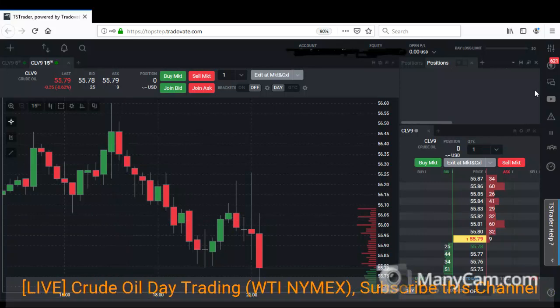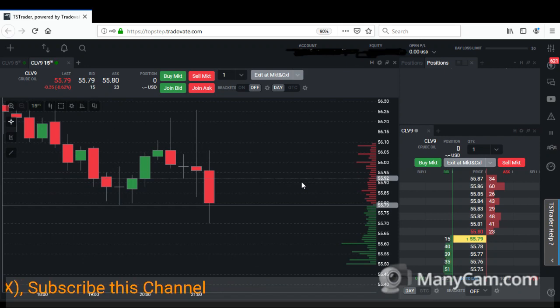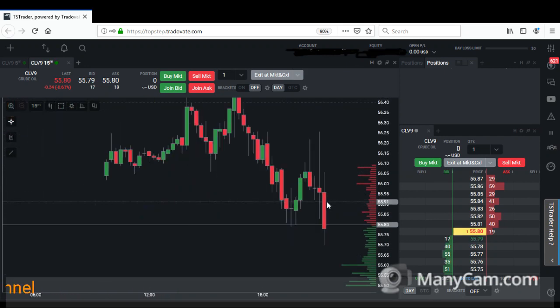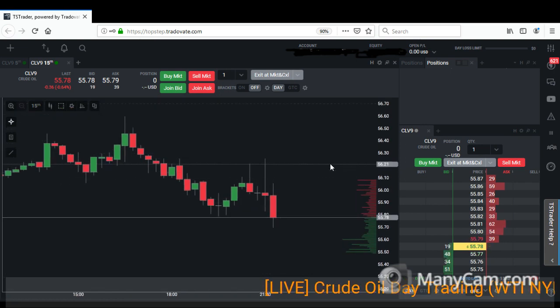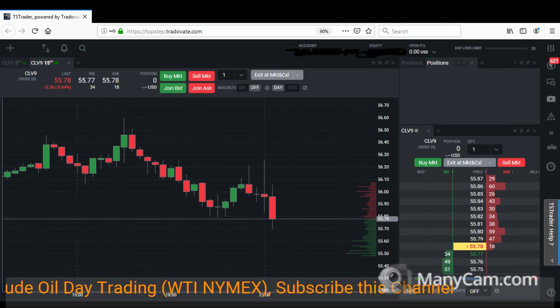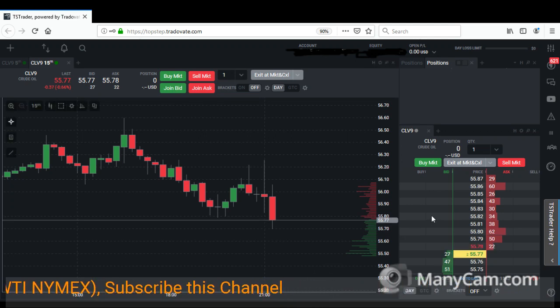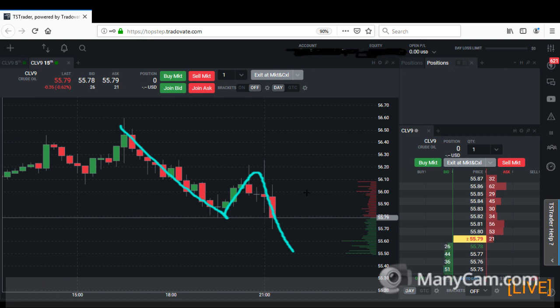Let's take a look at the volume. So the volume also is not really interesting. Okay, we have a kind of good pattern here. So there's a high tendency for the market to go further down.